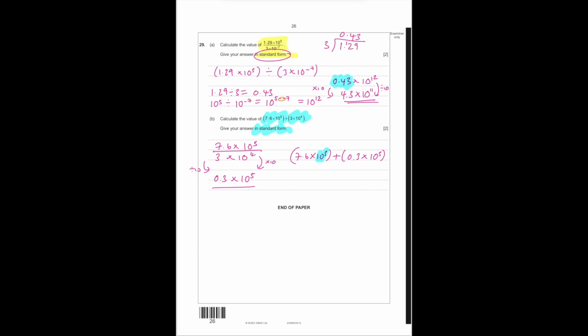And because our powers are matching, we can simply add the numbers. So we are doing 7.6 plus 0.3, which is 7.9 times 10 to the power of 5. Just double checking at the end that that number there is between 1 and 10. It is, so I can leave that as my final answer.